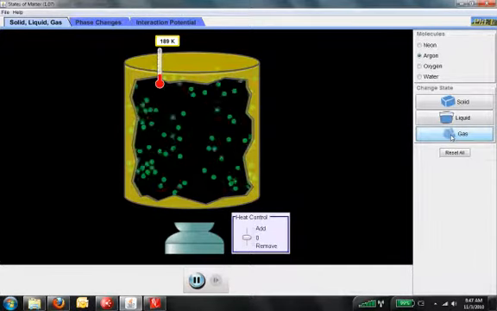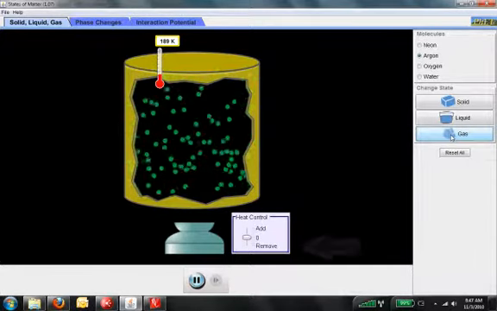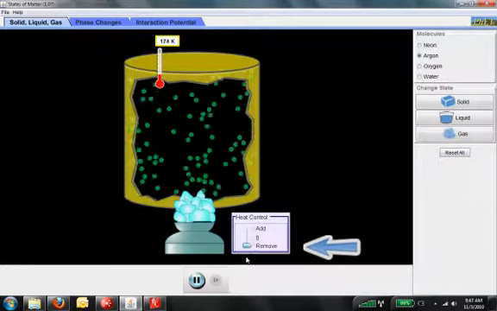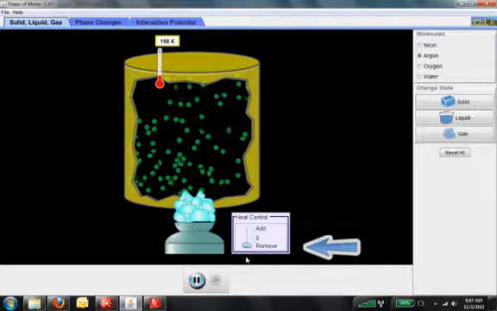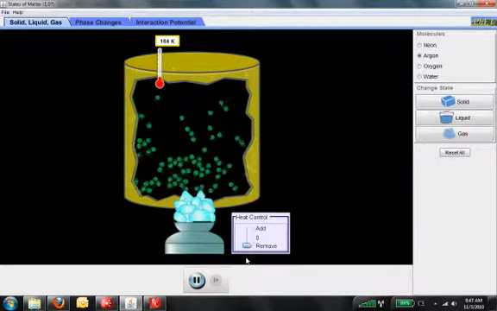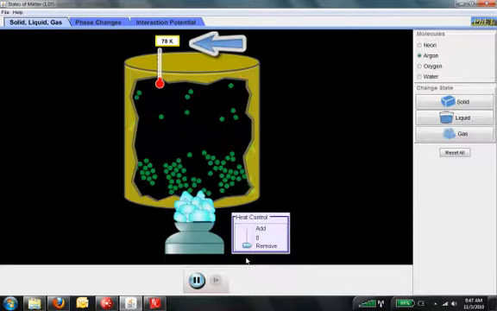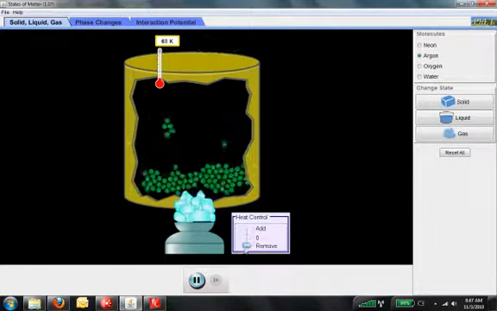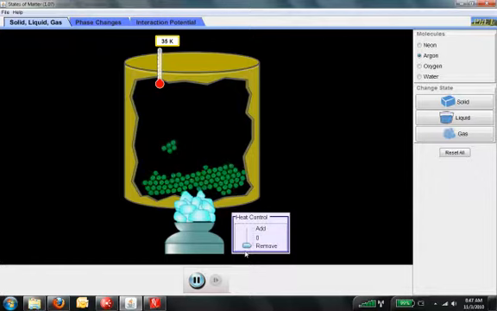And if I remove some energy from these substances, which I'm going to do by putting some ice against the edge of the container, then as the substance cools, the kinetic energy of the particles changes, and there is a phase change from the gas to the liquid and from the liquid to the solid.